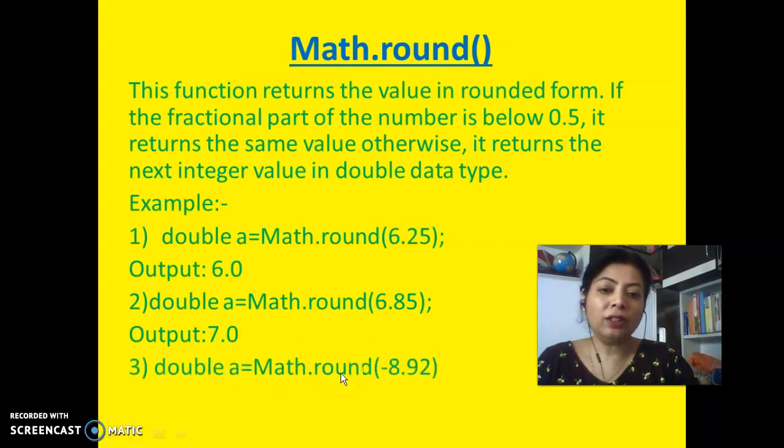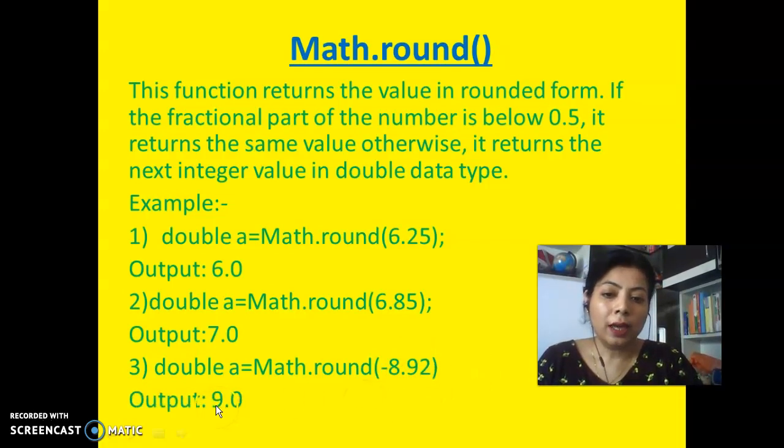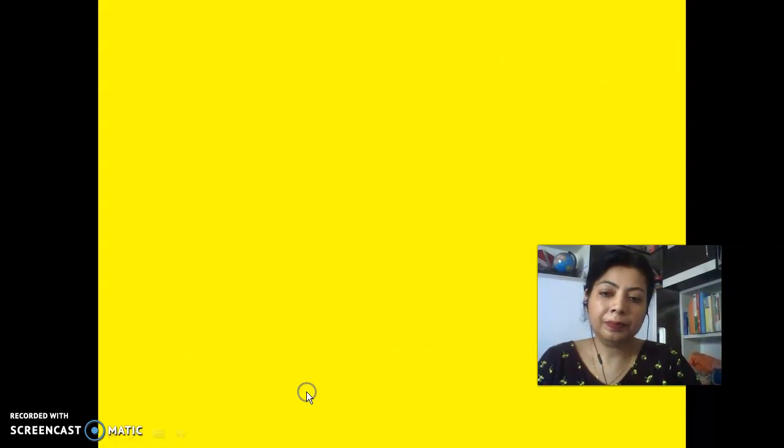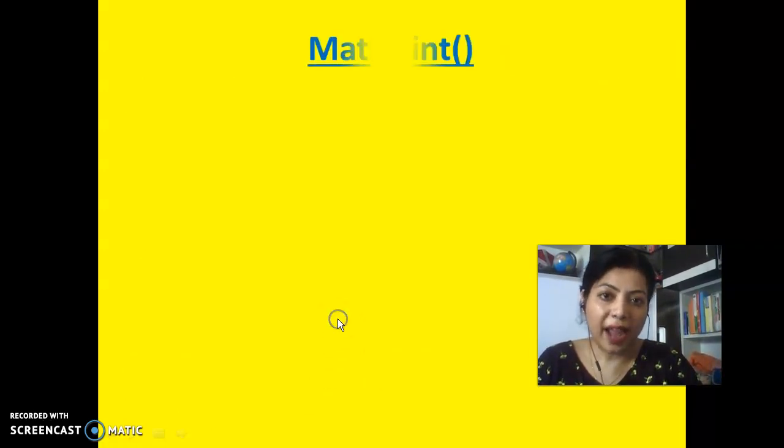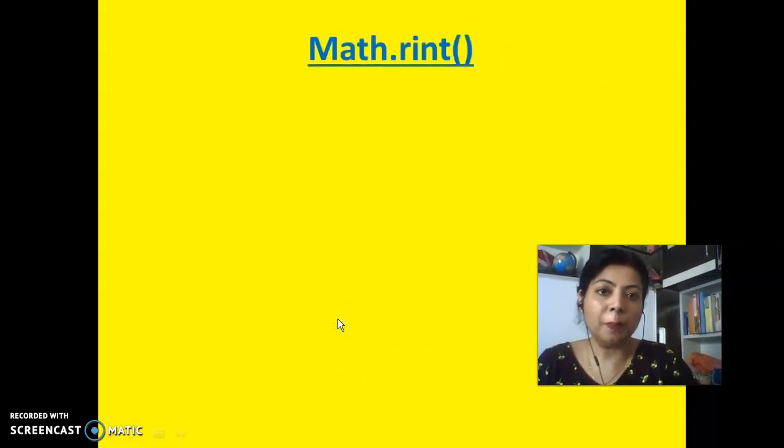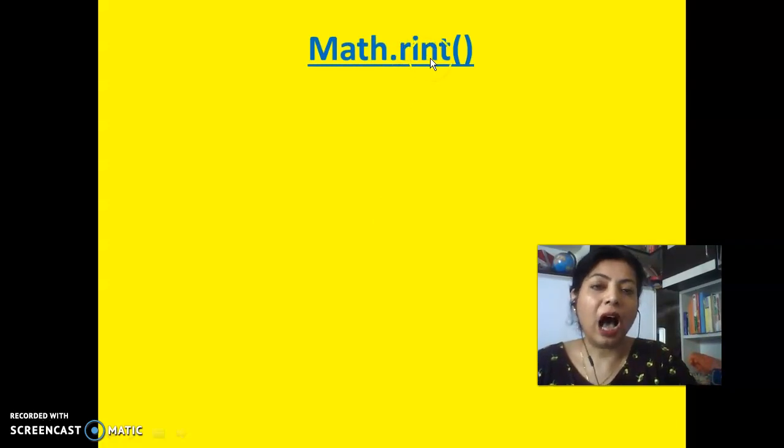Then Math.round of minus 8.92. Don't bother about the minus. Just look at what you have after the point. After the point you have 9, so you have to increase. So it is 9.0.